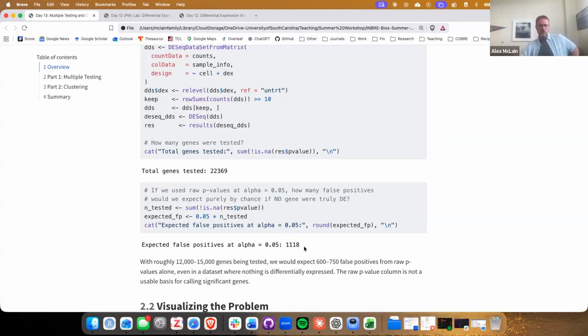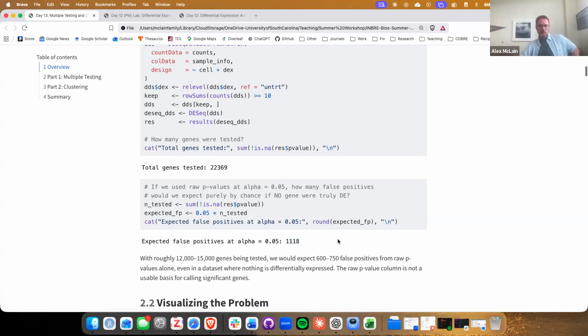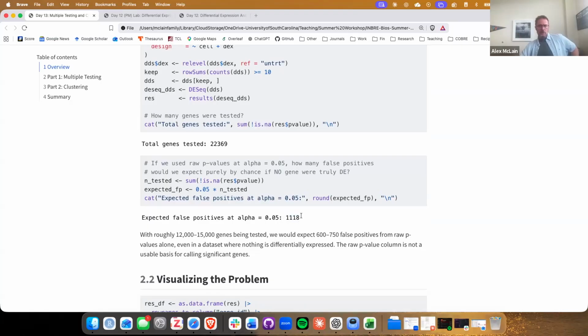And that's the problem that we have with the raw p-values. Now, why would we get this many mistakes? Well, when the null is true, the p-values have what is called a uniform distribution. So if you look at a histogram of the p-values, when the null is true for all of them, it's going to be just a flat histogram.